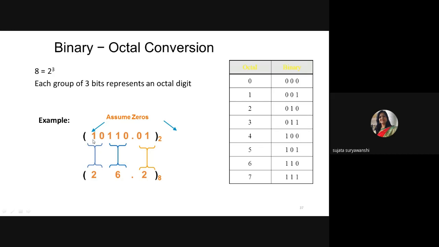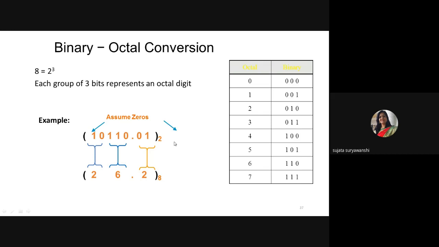Group of 3: 0, 1, 0, which is equivalent to 2. Now for the fractional part, 0, 1 and again assume 0 to make a group of 3. So 0, 1, 0 is again 2. So the equivalent octal number is 26.2. That is, 26.2 is the equivalent octal number of the given binary number. Understood?